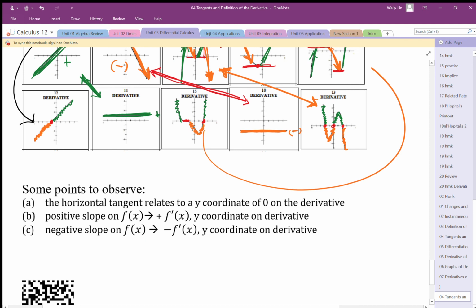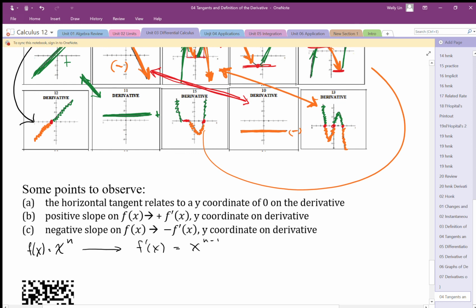These are really the main ones. We can try to add another one here too. If we have n as our polynomial power, so f of x has degree n, the derivative function tends to be a power less.